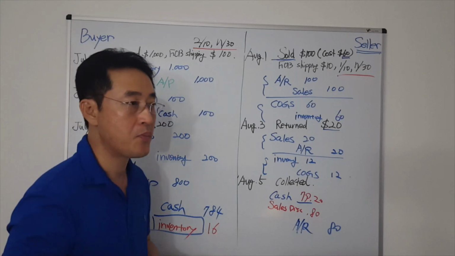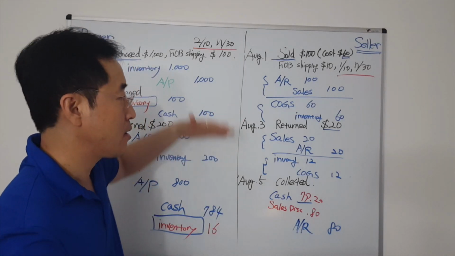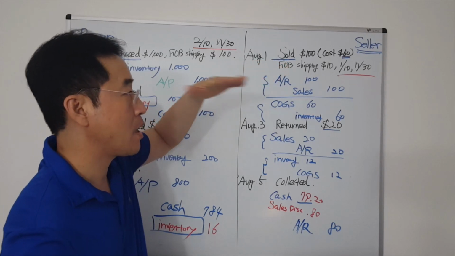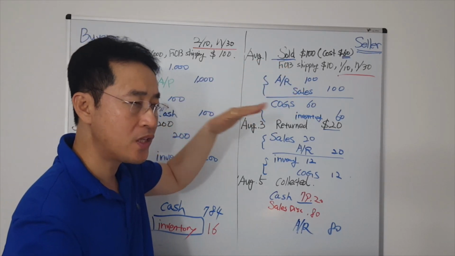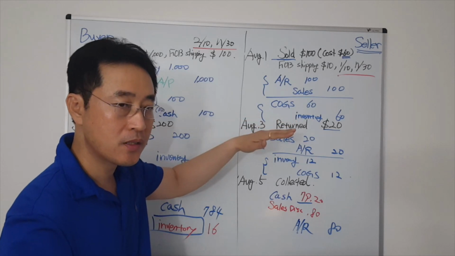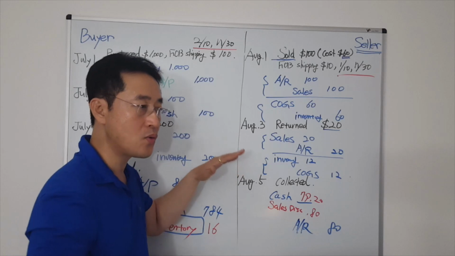I hope you remember when I explained net sales: we started from sales, gross sales, and then if we have sales return or allowance, we need to deduct. If we have sales discount, we also need to deduct.